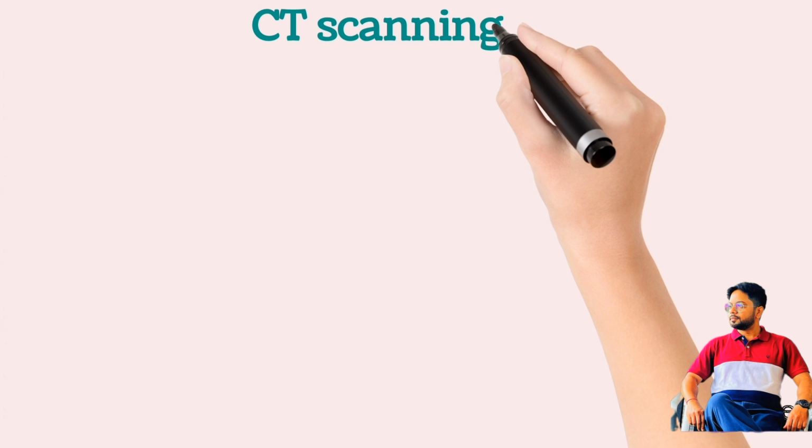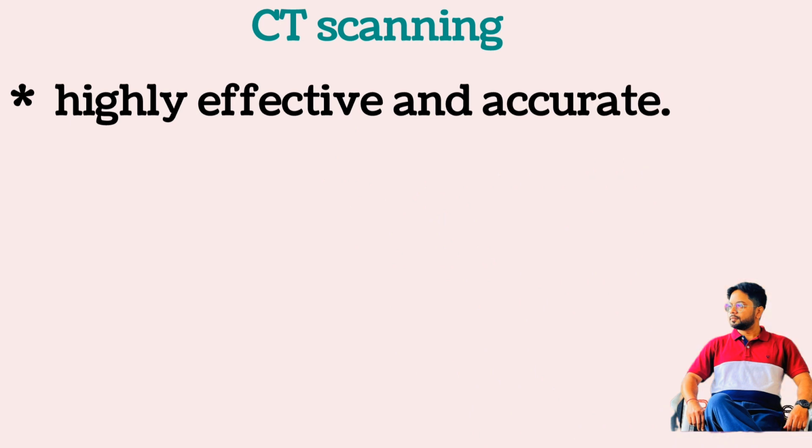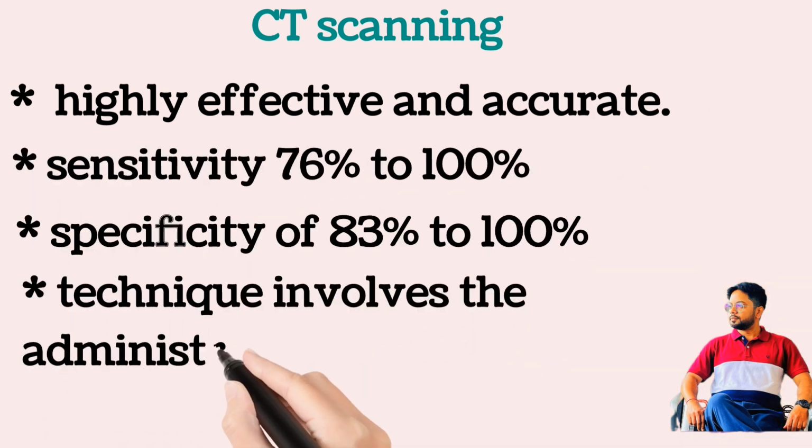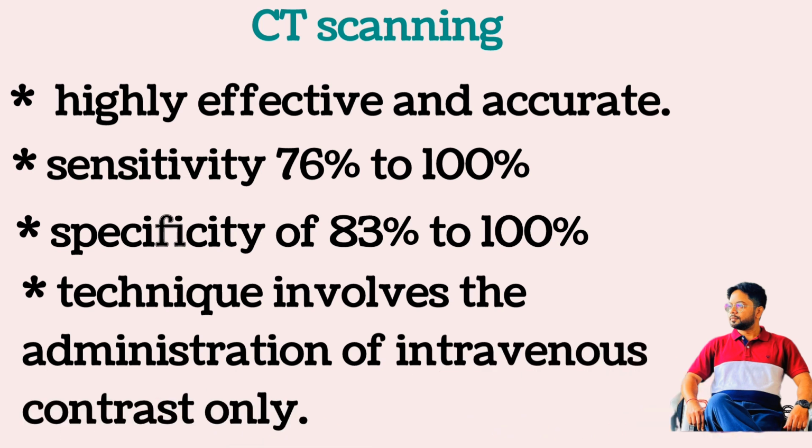CT scanning is the most common imaging study used to diagnose appendicitis. It has a sensitivity ranging from 76% to 100% and a specificity of 83 to 100%. The recommended CT imaging technique involves the administration of intravenous contrast only. Enteral, oral or rectal contrast is not recommended and is associated with lower sensitivity and specificity.